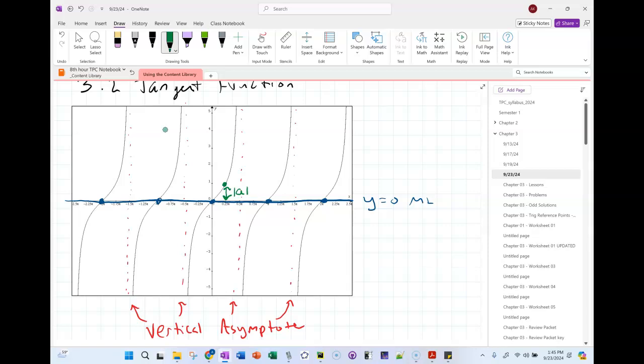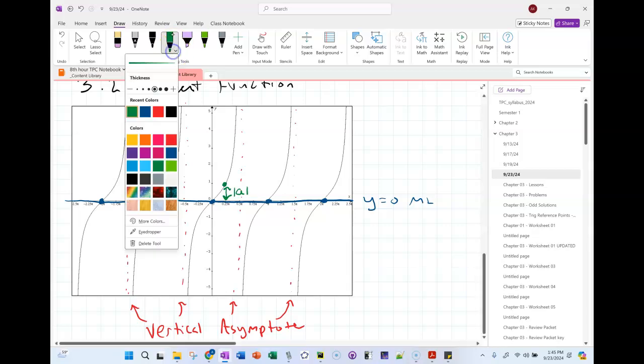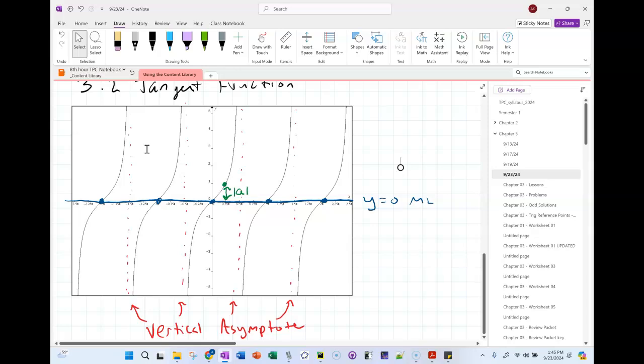Is everybody clear as to why it's not an amplitude? But we're going to use it the same way when going from graph to equation that we would use our amplitude. Everybody happy so far? Okay. And the last thing we have is the period.